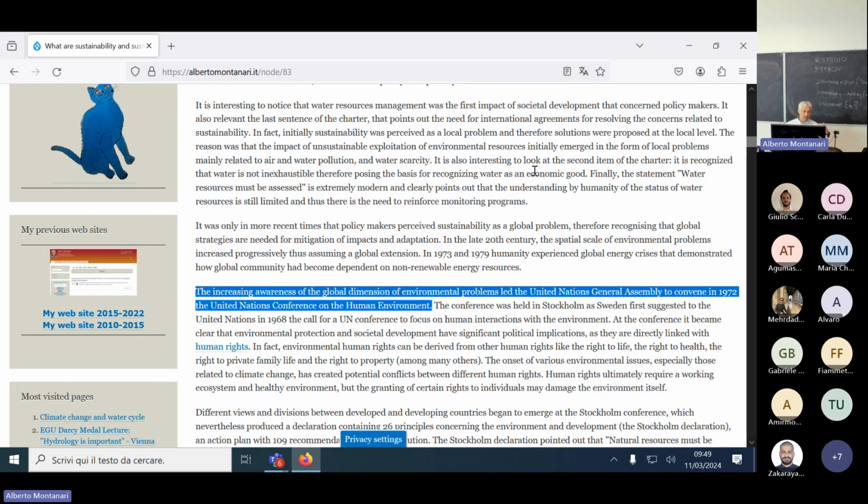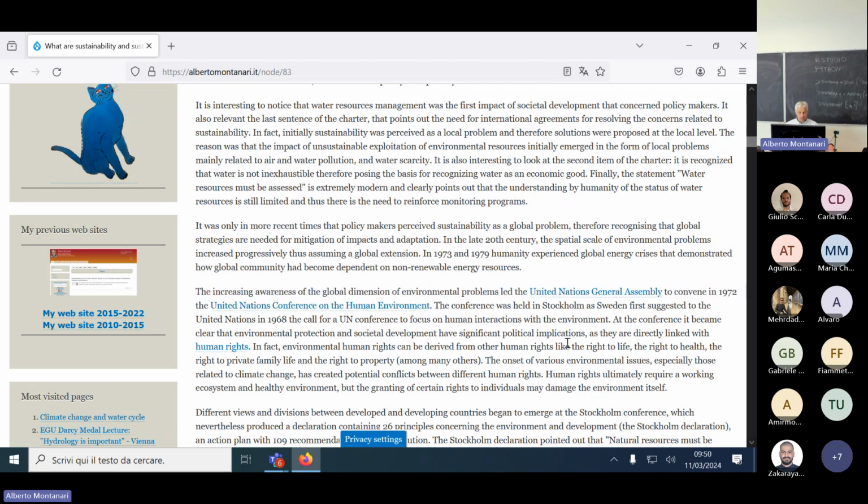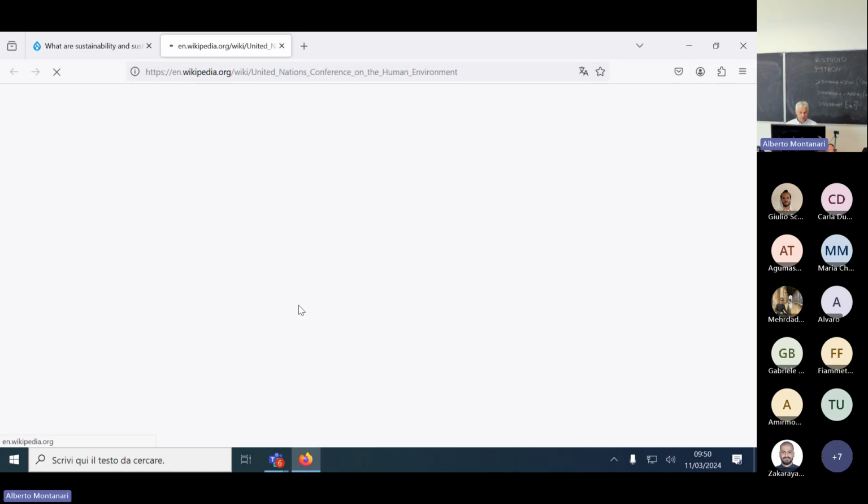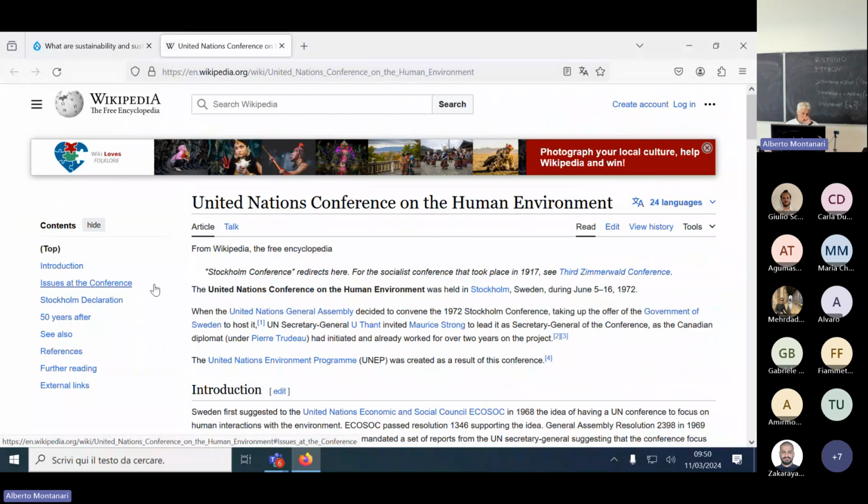So basically, in the 70s of the past century, people and governments realized that water resources at the global level were suffering, and therefore they activated this conference. It was the first international conference of the United Nations on the global dimension of environmental problems. And you can find also on Wikipedia something more on that, okay?